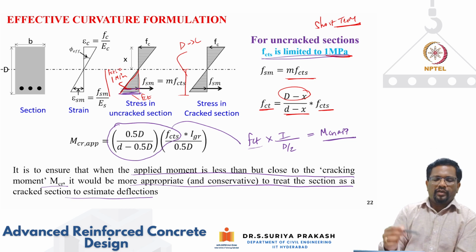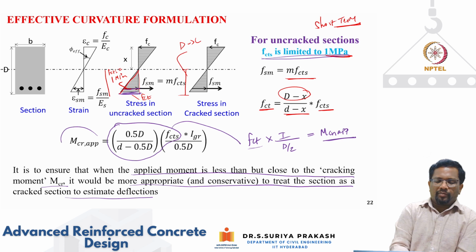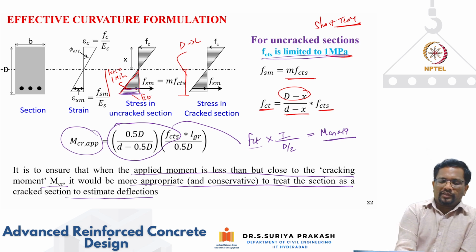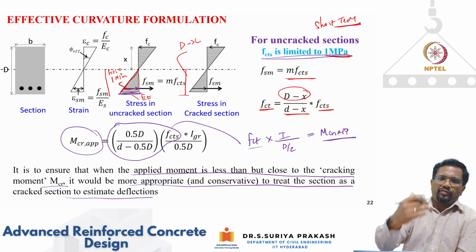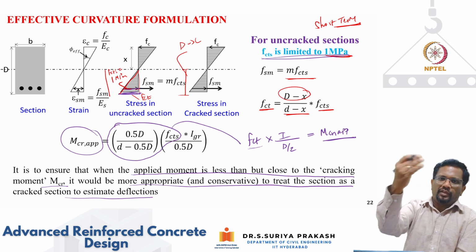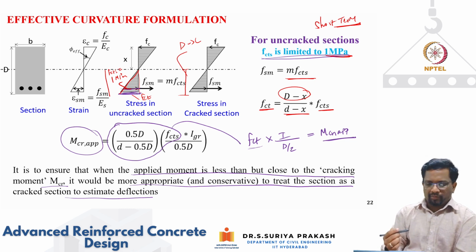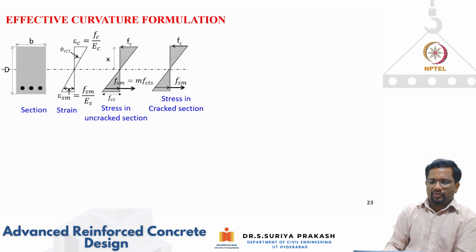You do not take the cracking moment from your modulus of rupture; you calculate your M cracking apparent, which is a reduced cracking moment capacity, taking the stress at the extreme tension fiber as projected from 1 megapascal at the level of steel. That will become slightly higher than 1 at the bottom, depending upon your neutral axis depth, and you use that to get your cracked moment of inertia. So that is what the code is saying.